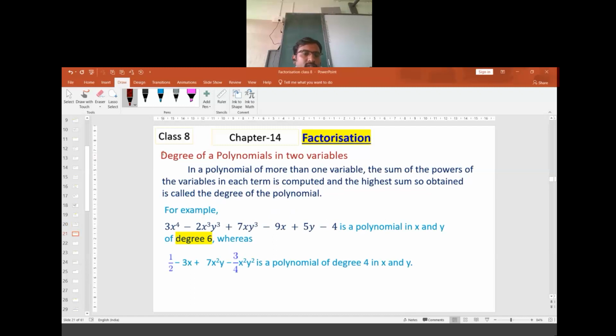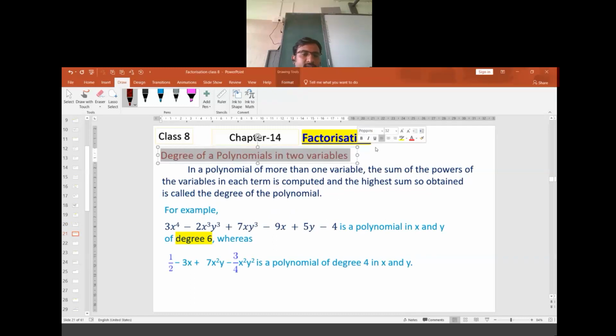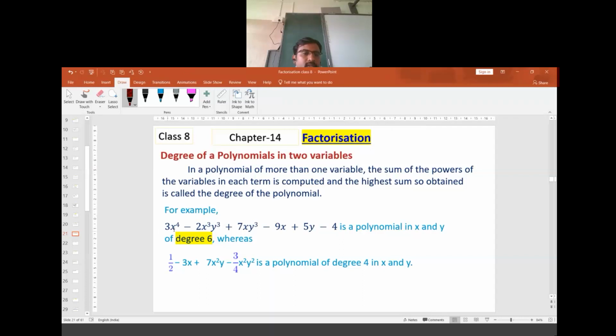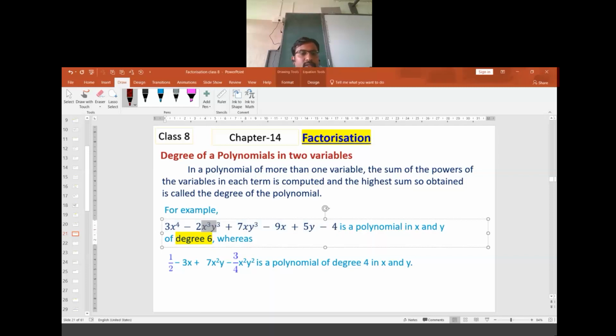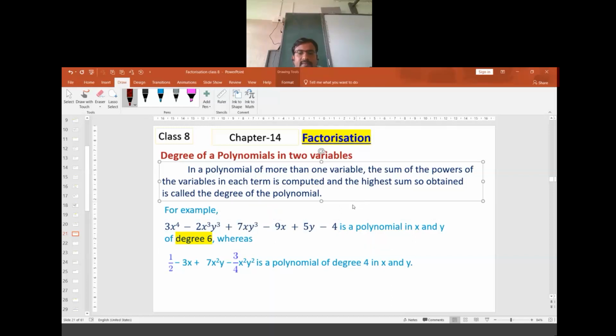We also should learn the degree of a polynomial. If we have two variables, here is an example. There are two variables here. In this term also there are two variables. Degree should be considered by adding only the powers. 3 plus 3 is 6.